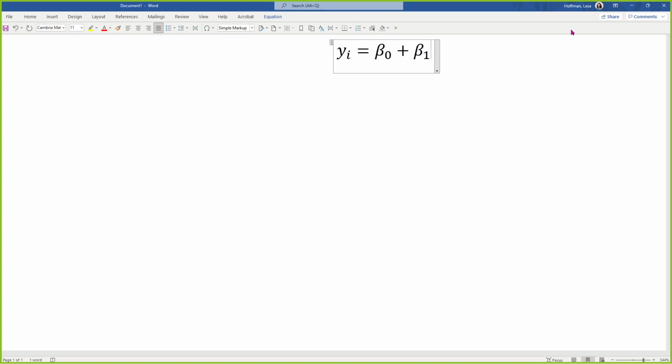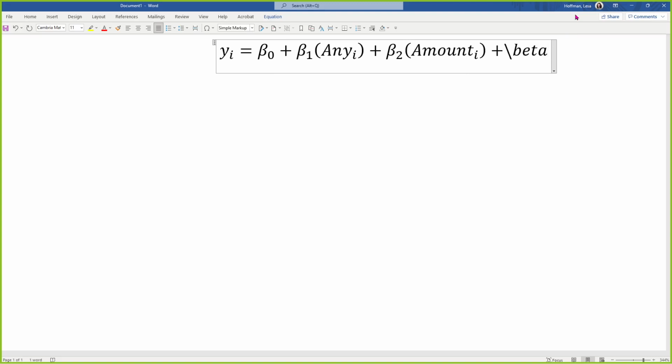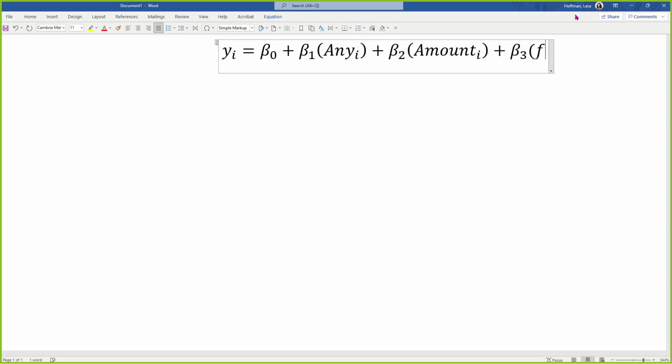So let's just do, we'll call this any for food school. I think this is what I named my slopes here. Beta 2. And we'll call that, no subscript, no I's in this class. There we go. And then I'll just throw in the predictor that interacts with it, because the others will drop out with respect to the moderation terms.